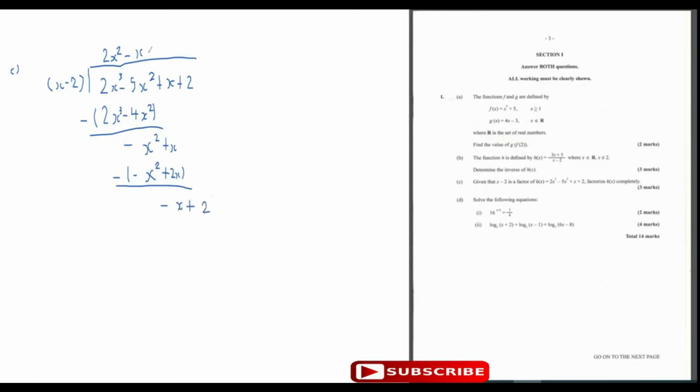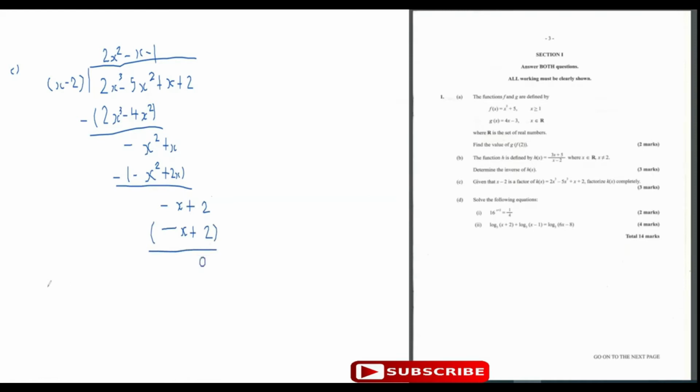x into minus x leaves minus 1. And then minus 1 times x is minus x plus 2. We subtract them, of course. Subtracting them, we get 0. Nice.